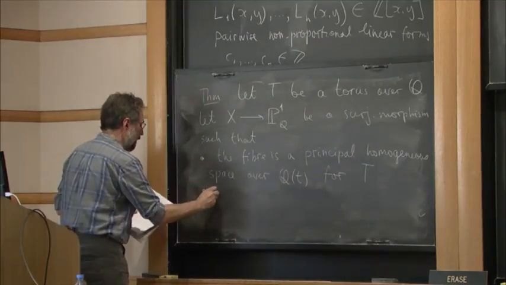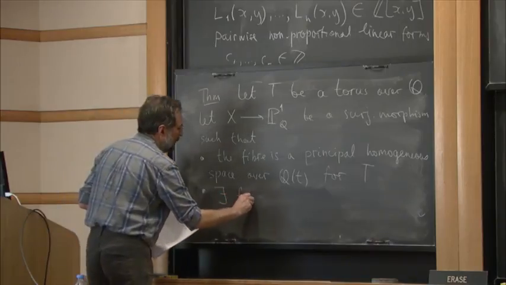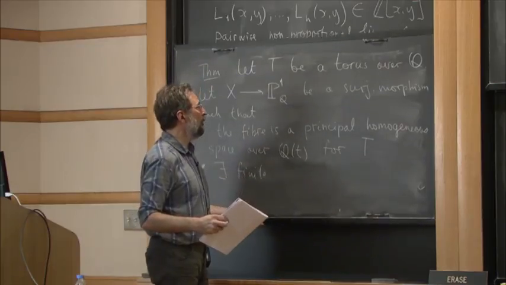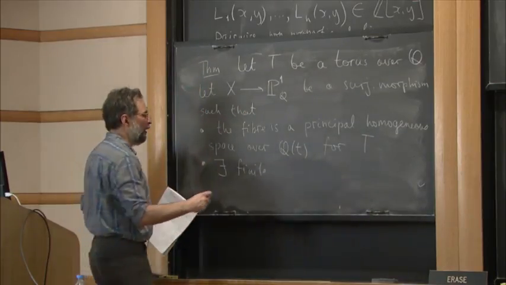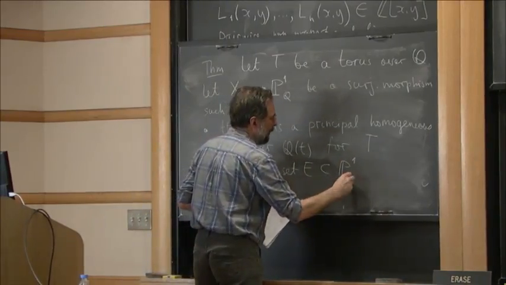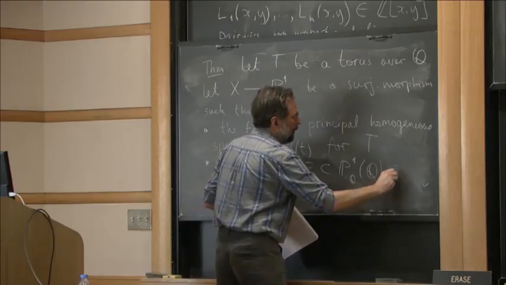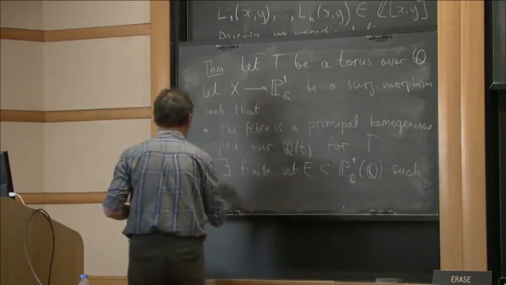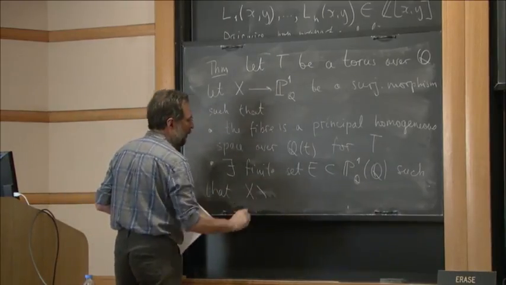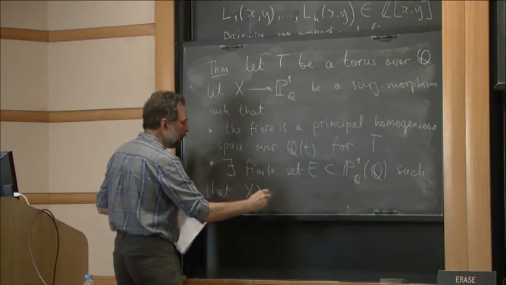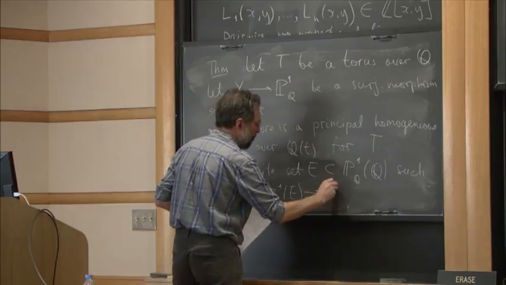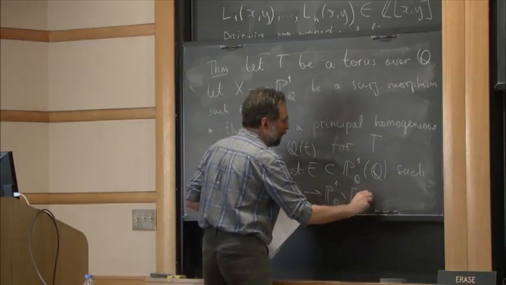Secondly, the second condition basically says that the bad fibers are all over Q-rational points of P1. So in other words, there exists a finite set E of rational numbers such that if I throw away the fibers over points of E, then I get a smooth morphism.